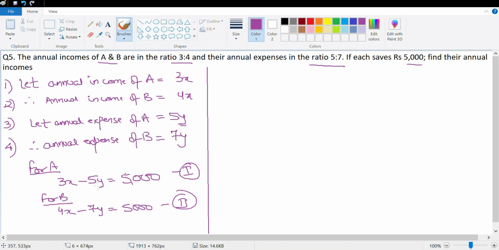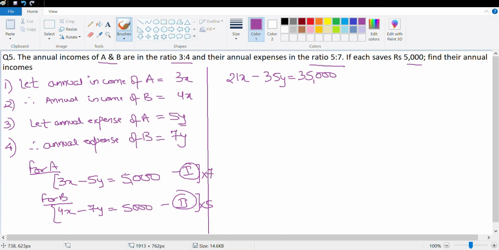So let's try and equate the coefficient of y. Let's multiply the first equation by 7 and the second equation by 5. That will equate our y coefficient. So 7 into 3, 21x minus 35y is equal to 7 into 5, that's 35,000. Let's reconfirm: 21, 35 and 35.